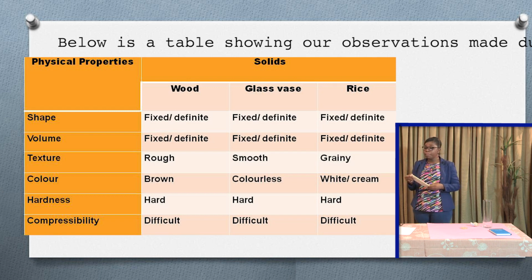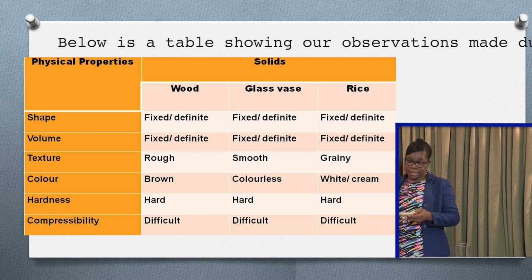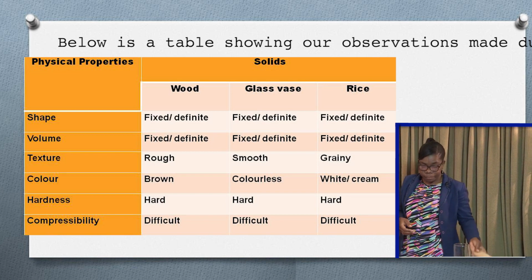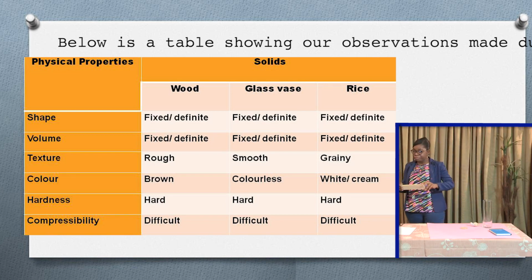The volume, the space it takes up, is fixed because it is hard. The color, brown, and compressibility, or its ability to be compressed, difficult.